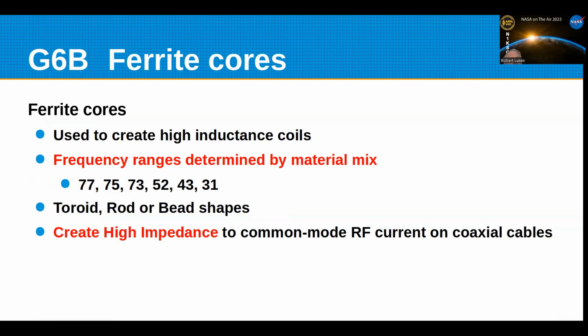Ferrite cores. Okay, we use them to create a high inductance coil because they concentrate all of the magnetic flux around inside the core. The different material mixes determine the frequency ranges. There's a list of some of the different types.